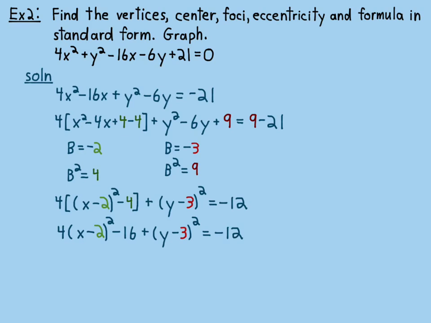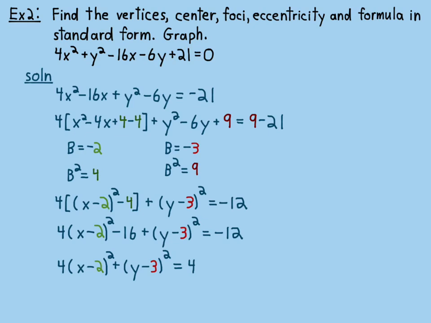And then I'm going to add that 16 to both sides, right? And you end up getting a 4 on the right. So I get 4 times the quantity x minus 2 squared plus the quantity y minus 3 squared equals 4.